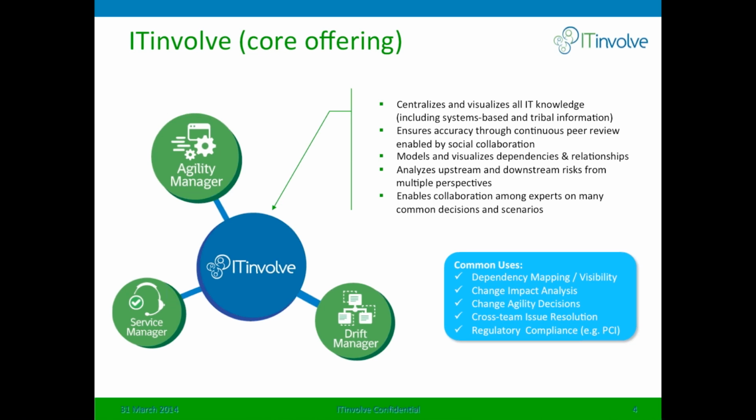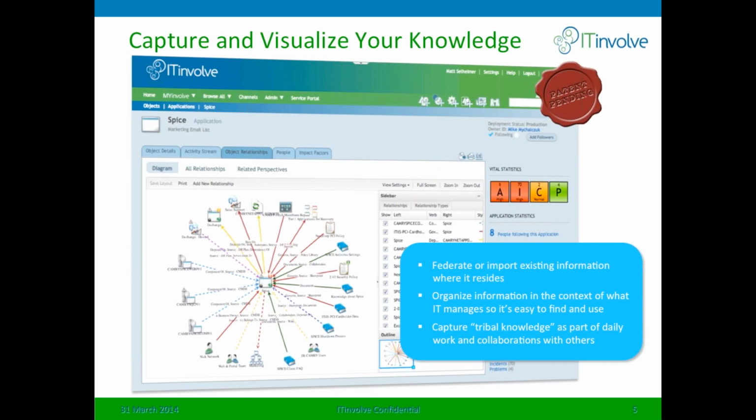The ITinvolve offering includes an analysis engine that helps you to understand upstream and downstream risks from multiple different perspectives so that you can make accurate and quick decisions. And we enable collaboration among experts to help teams come together in order to make better decisions and to plan scenarios leveraging all of the valuable information that's in ITinvolve. In a moment, we're going to show you a demonstration of new capabilities in Spring 14.